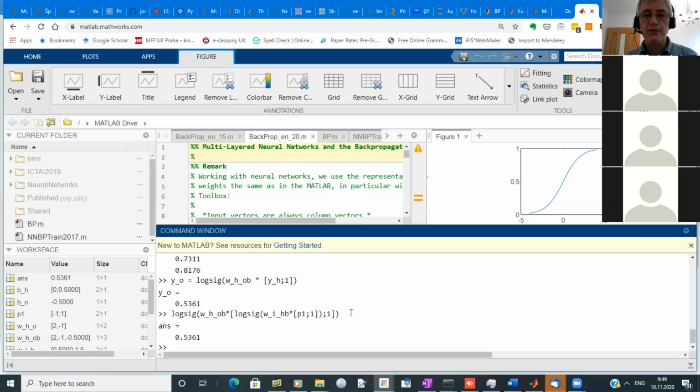So let us compute the error function. For computing the error function, we must know the desired output.